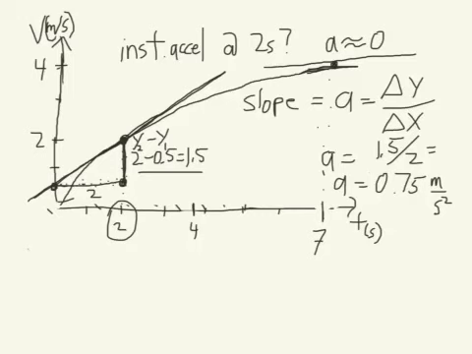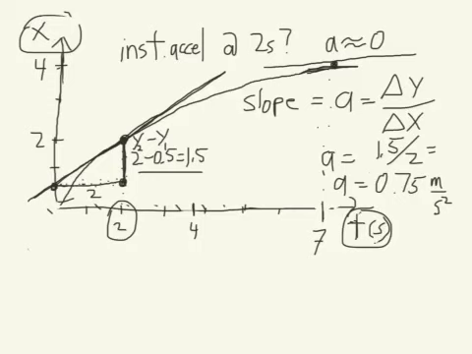But that is only half the story about looking at the slopes of tangent lines on curves. So here we found acceleration by finding the slope of the tangent line to the velocity versus time graph. But we can also find instantaneous velocity if we look at a position versus time graph.